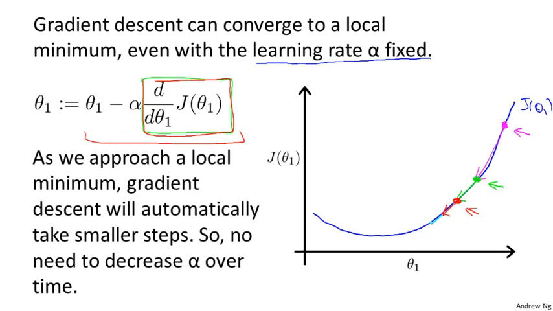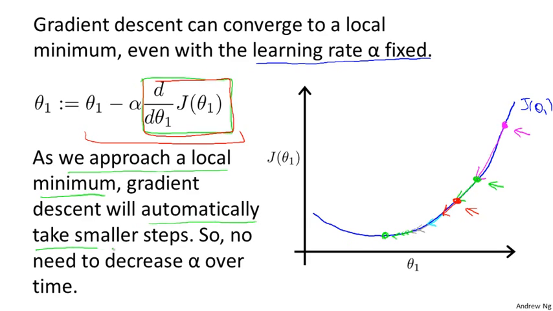And as gradient descent runs, you will automatically take smaller and smaller steps until eventually you're taking very small steps, and you finally converge to the local minimum.